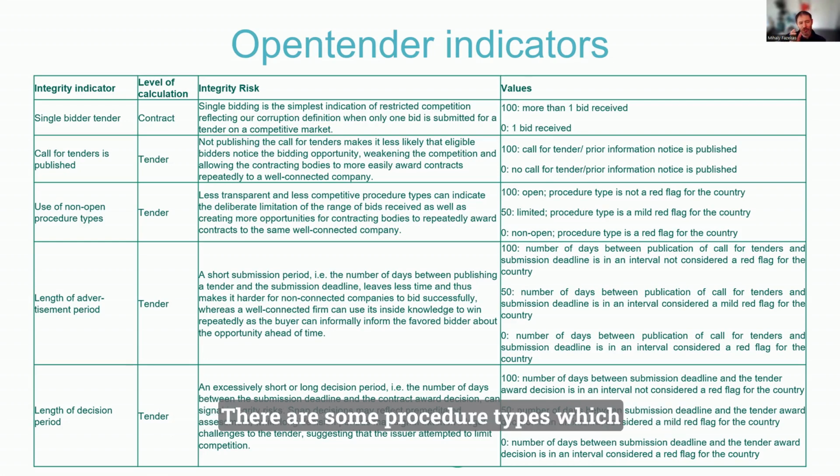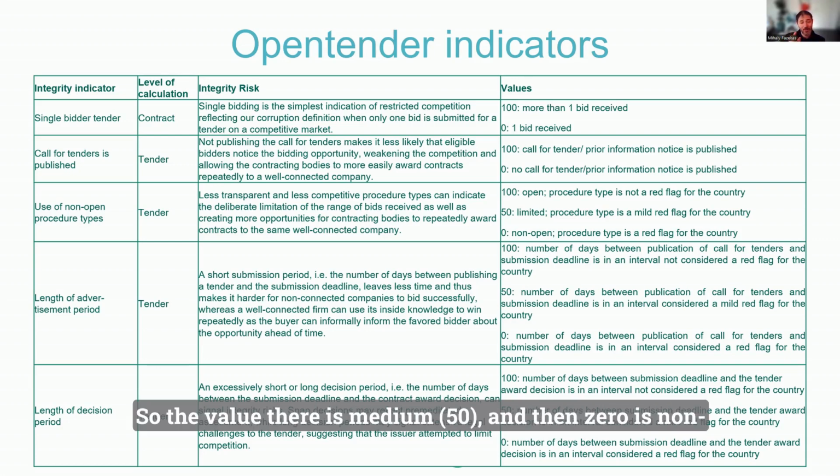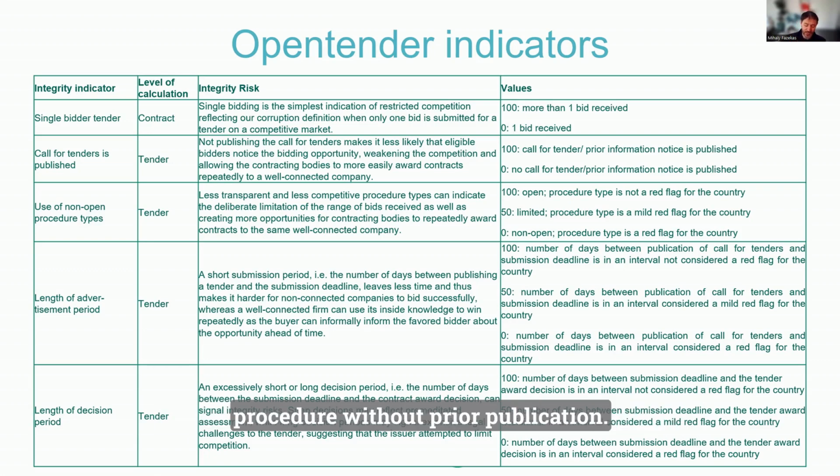There are some procedure types which allow for some competition, but still make it easier to limit competition. So the value there is medium, 50, and then 0 is non-open procedure types of direct award or negotiated procedure without prior publication. So these are the kind of procedures which we consider as low integrity.